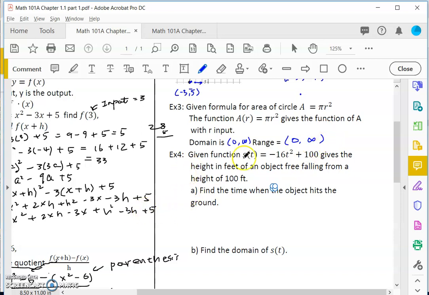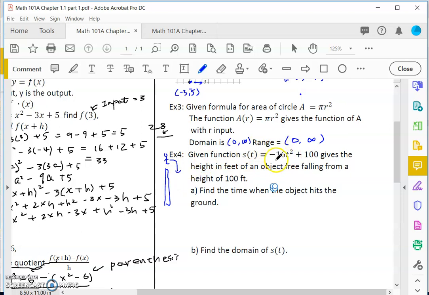Another very popular formula function is the height of an object during free fall. Whenever you let go of an object, if you stand on top of a cliff or a building and let go, it's going to go down because of gravity, and it reaches the ground according to time.